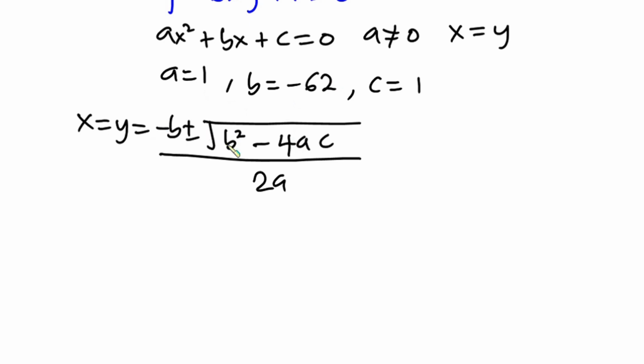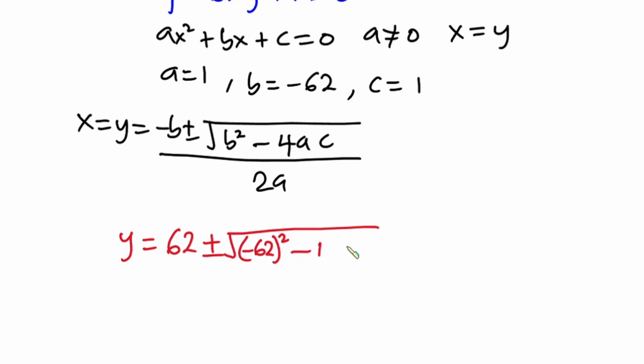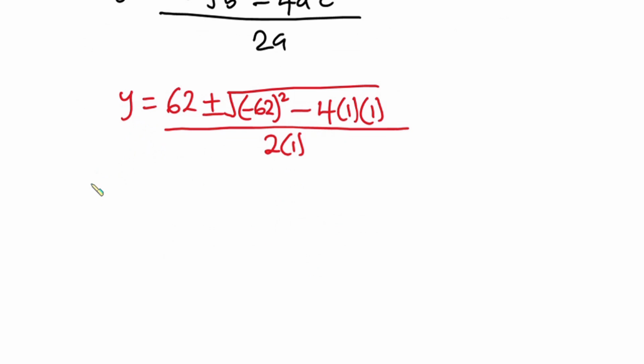Plugging these values in, y is equal to, b is negative 62, and we also have a negative here, so it will be positive 62, then plus or minus the square root of (−62)² − 4 times a, where a is 1, and c is also 1, all divided by 2 times a, where a is 1. Now let's simplify this. We have y equal to 62 plus or minus the square root of (−62)², which is 3844.